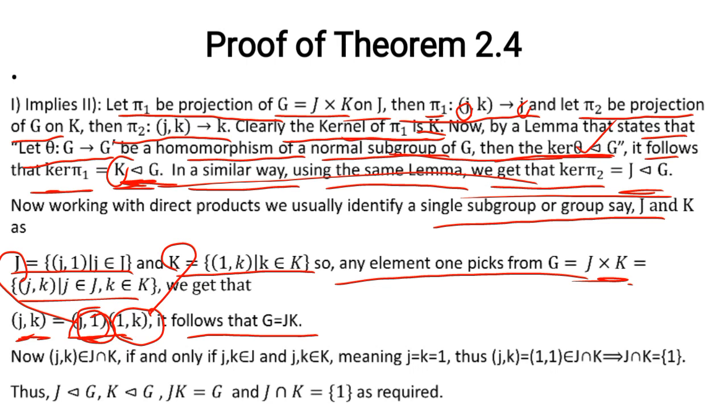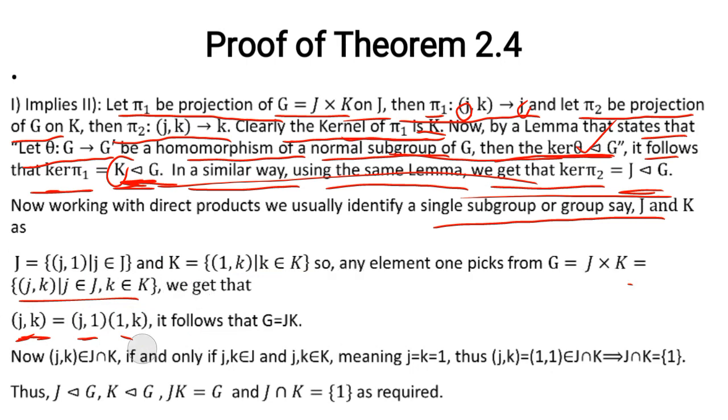Meaning, let me take it slowly for you. Another way of doing this is just simply put JK. You know what J is already. It is J, 1. And you know what K is.